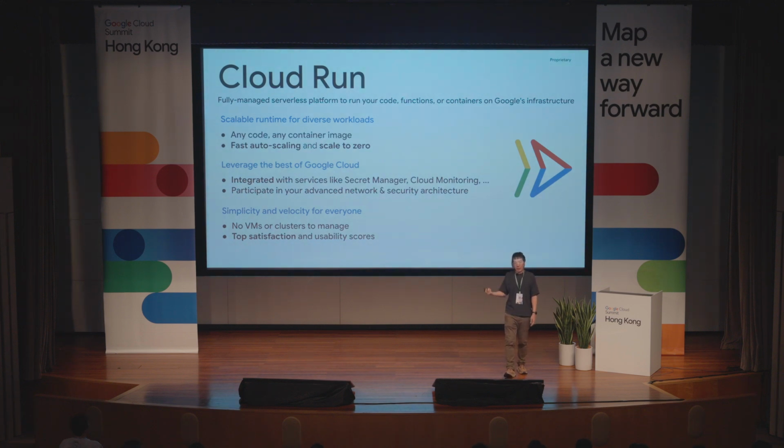It's integrated with the rest of the GCP platform, like Secret Manager, Cloud Monitoring, Cloud Storage, IAM, etc. And you can fully participate in advanced networking and security across, say, Compute Engine VMs and also GKE applications. And thirdly, amongst developers, we see top satisfaction and usability scores, and they find it really simple to start with, and you don't need to manage VMs or infrastructure or clusters anymore.